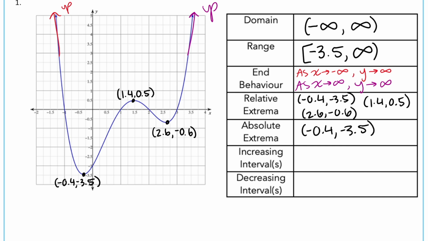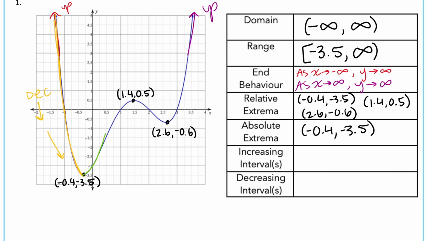Okay, on to the increasing intervals. So I'm going to trace my graph, and if my pen's going down, then it's got to be a decreasing interval, and if it's going up, then it will be an increasing interval. So from here to here, this is a decreasing interval. Decreasing, it's going down.